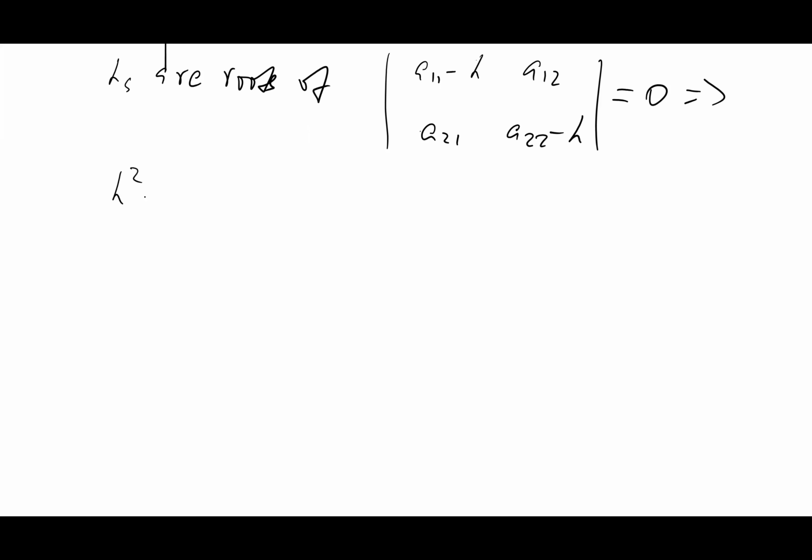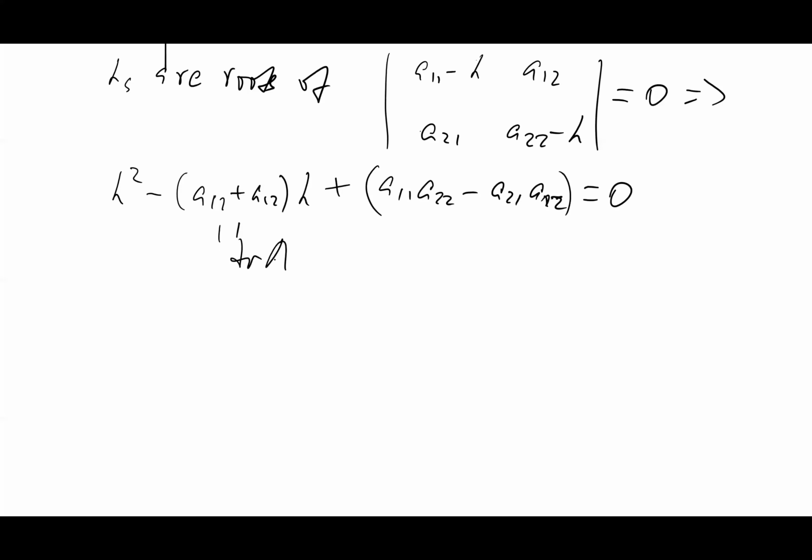So this will be lambda squared minus (A11 plus A22) lambda plus A11 A22 minus A21 A12 equals 0. So this is the trace of matrix A, and this is the determinant of matrix A. And therefore, we can put it like this: lambda squared minus trace A times lambda plus determinant A is 0.